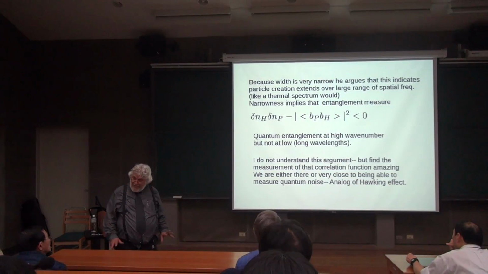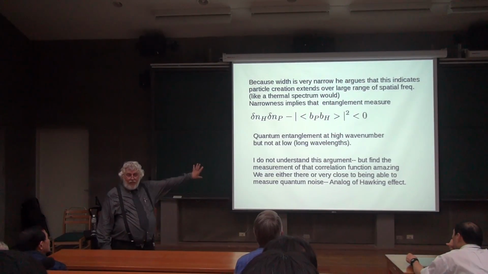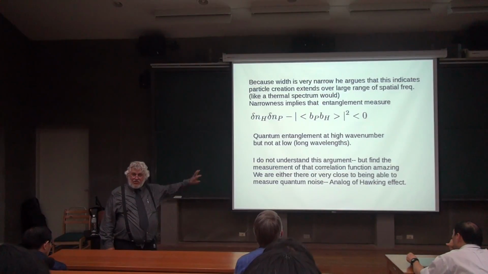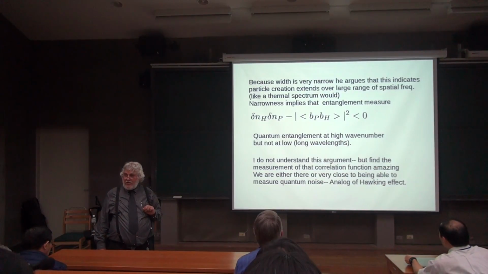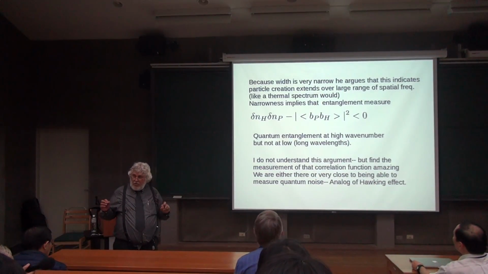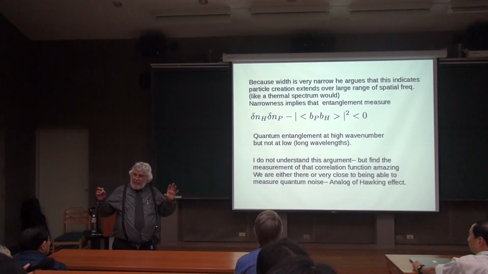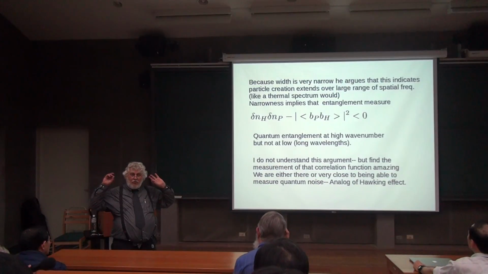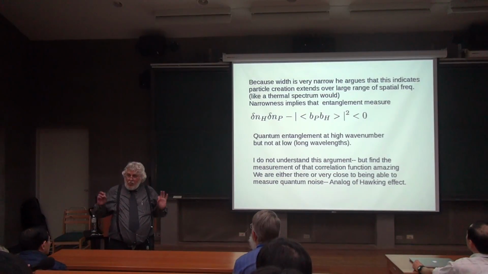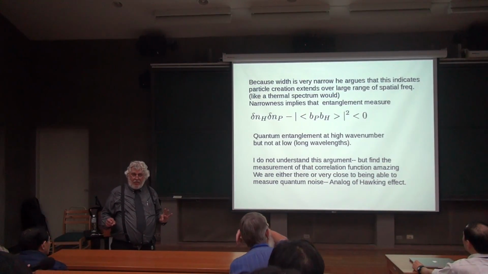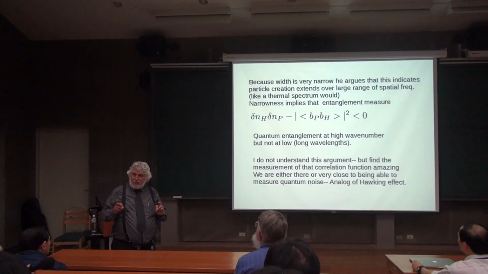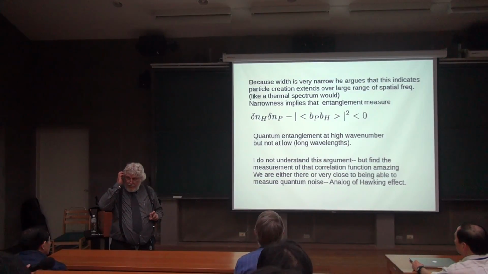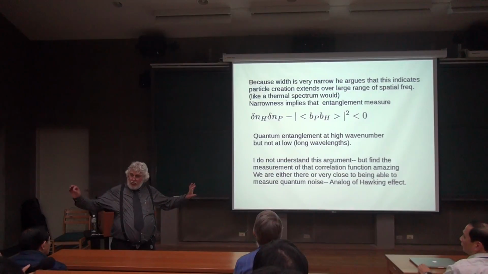I'm not sure I believe that. But if one accepts that at face value, that's a genuine measure of entanglement. If that is less than 0, then the Hawking mode and the partner mode are genuinely entangled, which is a quantum system. That's not just correlated, it's actually a quantum entanglement between the two modes.